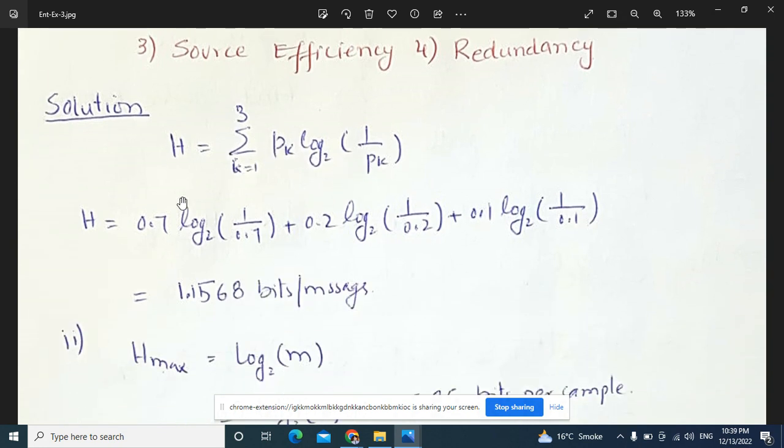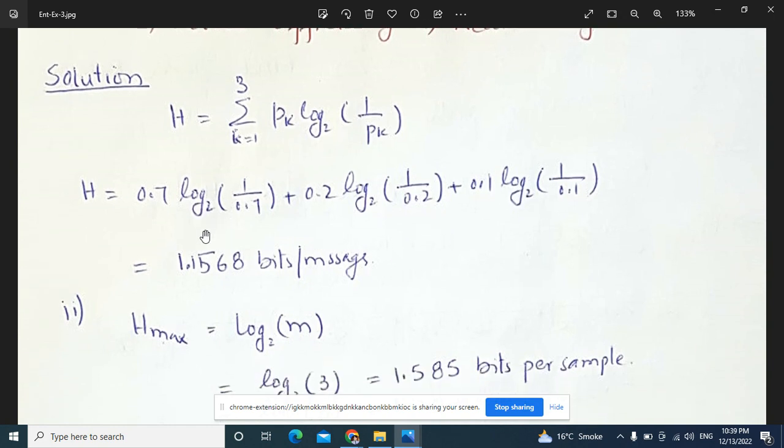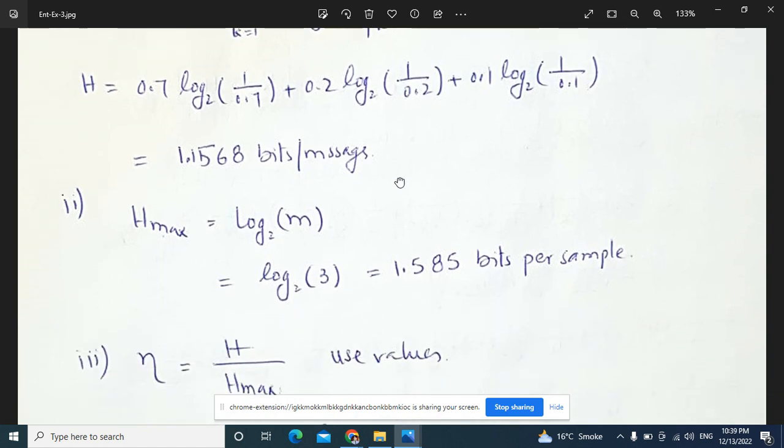So the probability of first is 0.7 log 2 of 1 by 0.7 plus 0.2 log 2 of 1 by 0.2 plus 0.1 log 2 of 1 by 0.1. If you use your calculator, you calculate the term for each message and sum them up, then you will find the answer is equal to 1.1568 bit per sample.